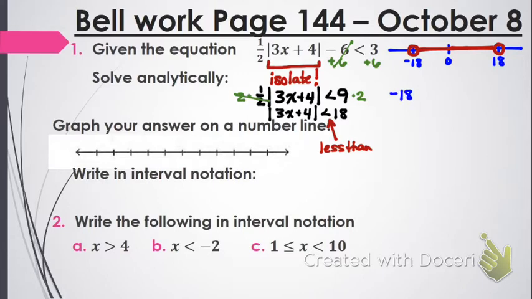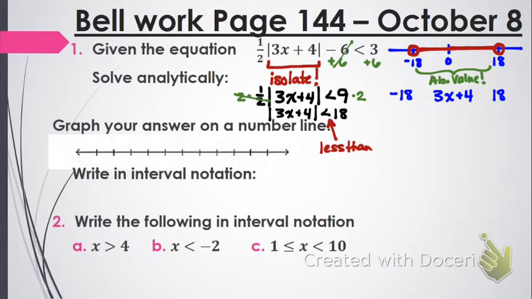So negative 18 is here, positive 18 is here. The things that we have shaded, that's where my absolute value lives. So this is where I put the 3x plus 4. Alligator eats the bigger thing, right?